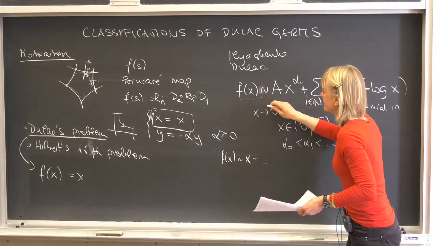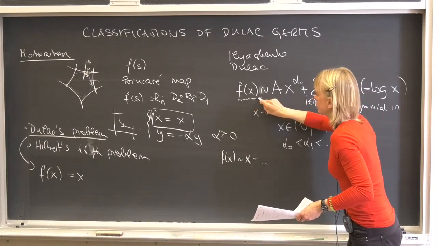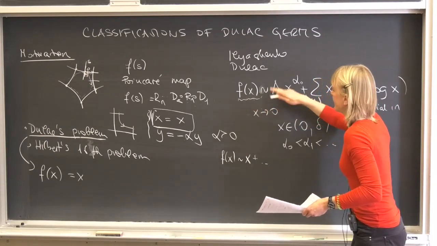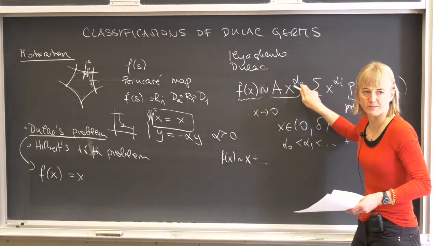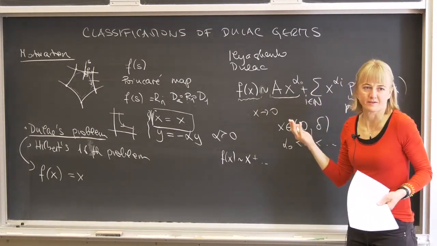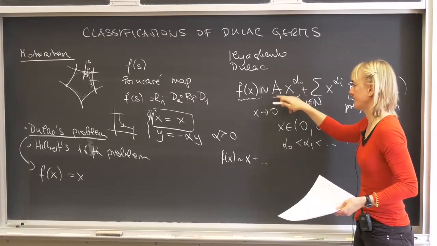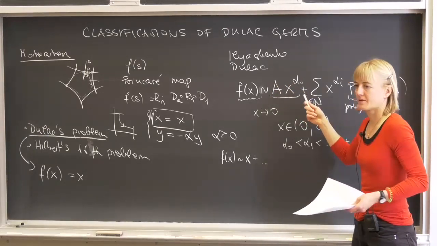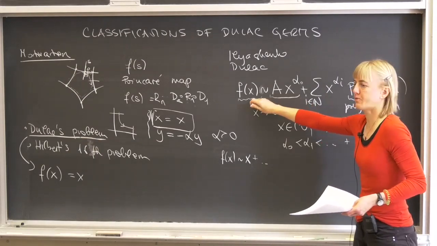So if we have this, we see that if the germ has behavior like this, it cannot have accumulation of limit cycles. So the F here is the Poincaré map. It's not the Dulac map. It's the whole Poincaré map.